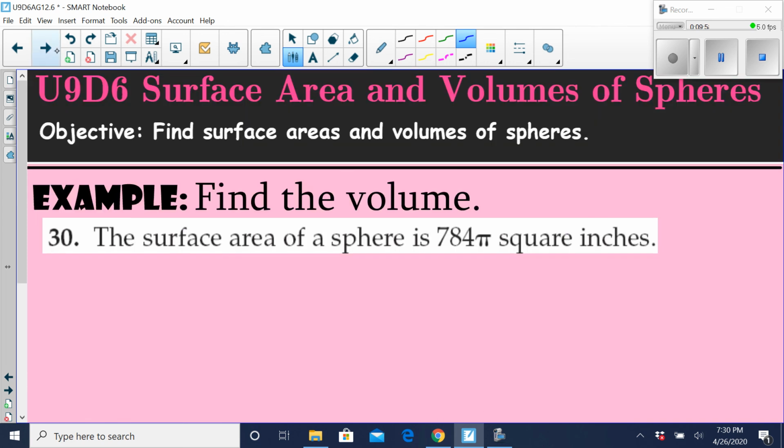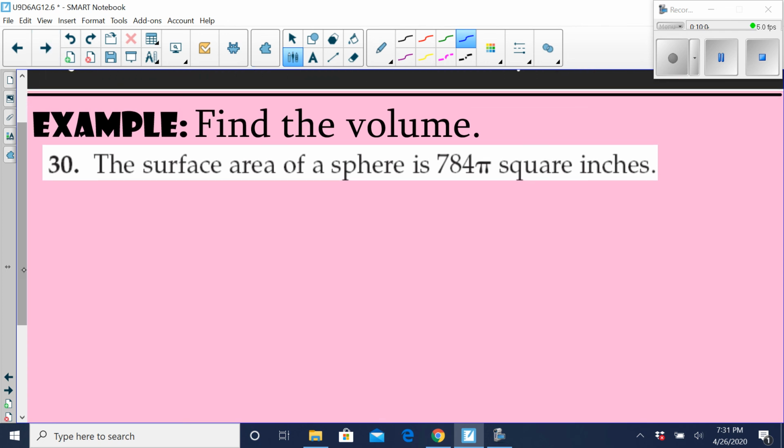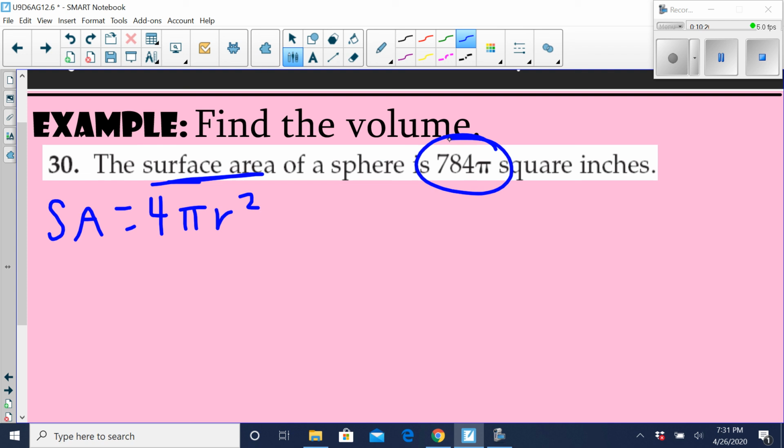All right. One last piece. Find the volume if I'm given a surface area of the sphere as 784 pi square inches. Okay, so go back and think surface area of the sphere. Surface area is equal to 4 pi r squared. The surface area of the sphere is the 784 pi. So I'm going to plug that in for surface area.